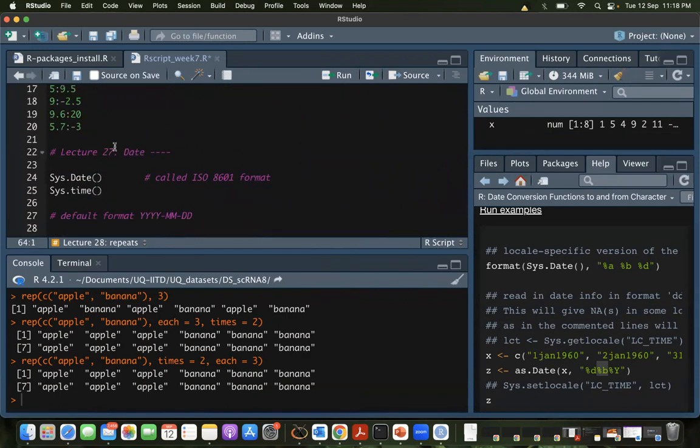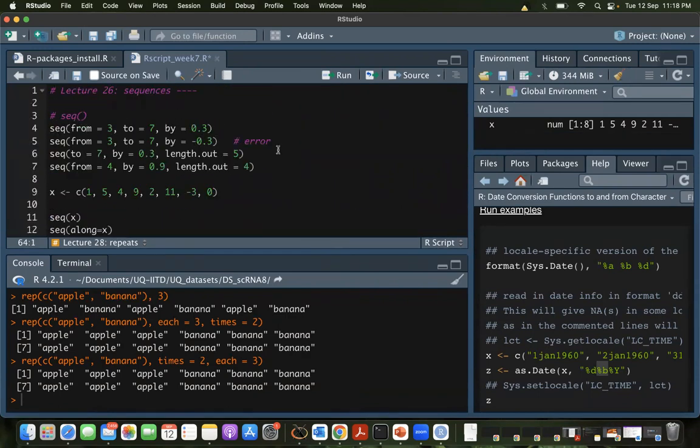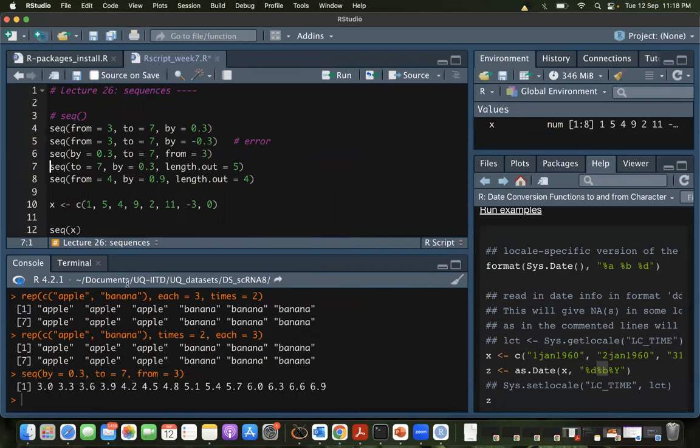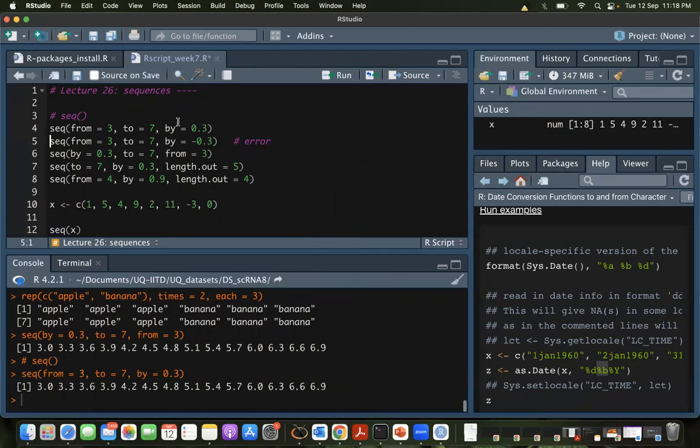So for example, in this case, when we are saying from to by, if suppose I just write by is equal to minus, let's say 0.3, and I write to is equal to 7, and I write from is equal to 3, right? I would still get the same answer, okay, which I got here. Okay, it's the same thing.